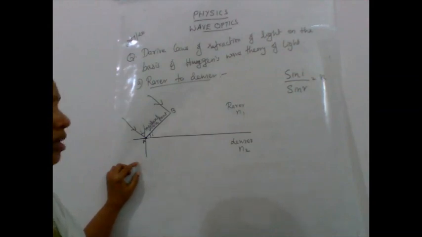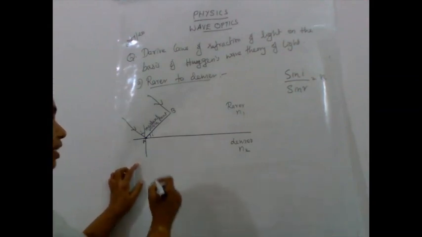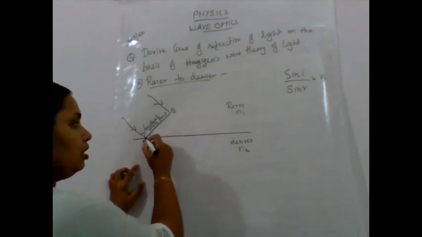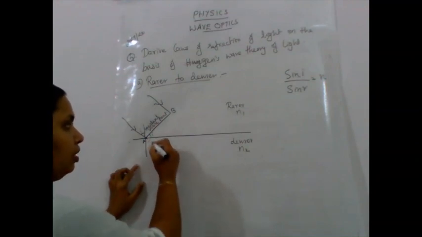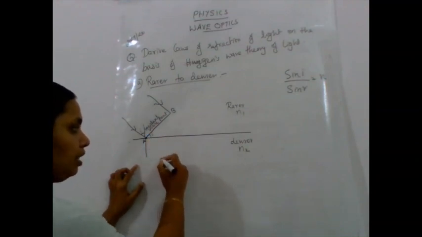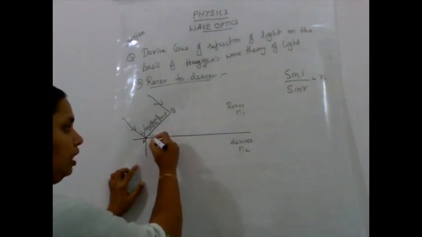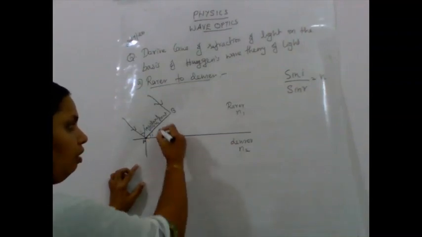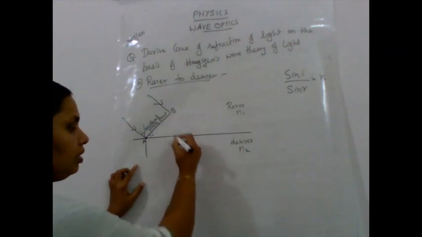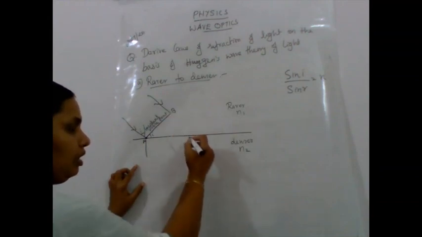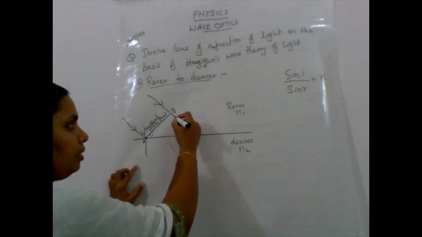So when this point reaches here, refraction occurs. When the next point reaches the refracting surface, a refracted wavefront is produced. Like that, all the points reach the refracting surface or the interface, and after some time only B reaches here.